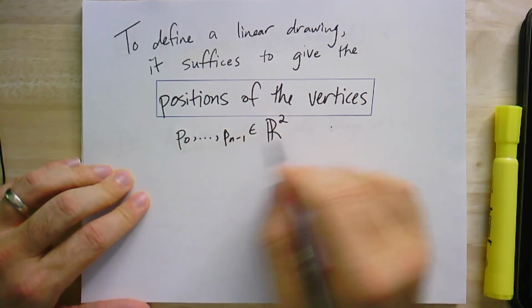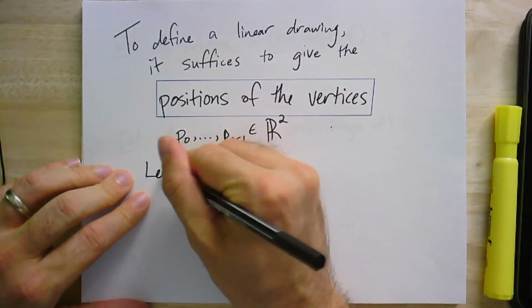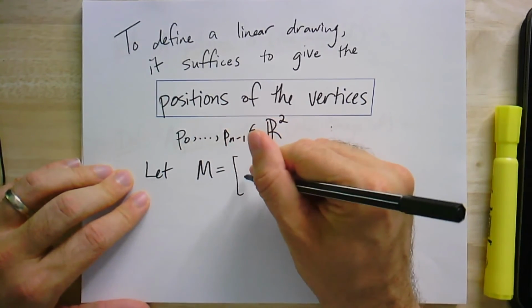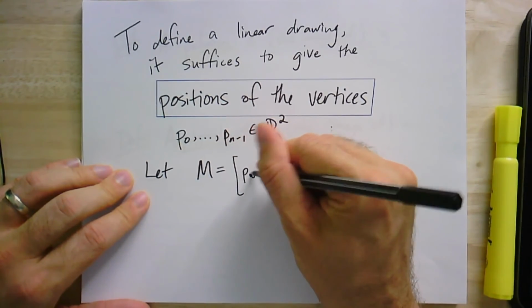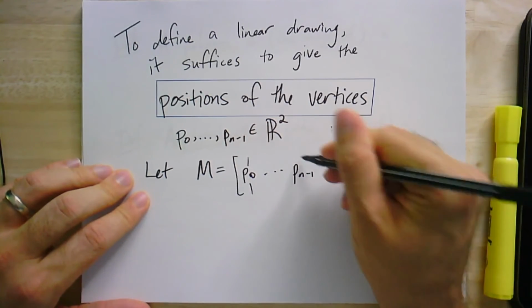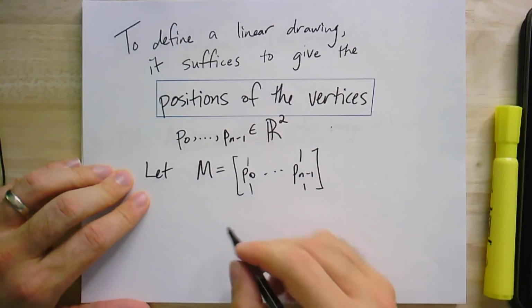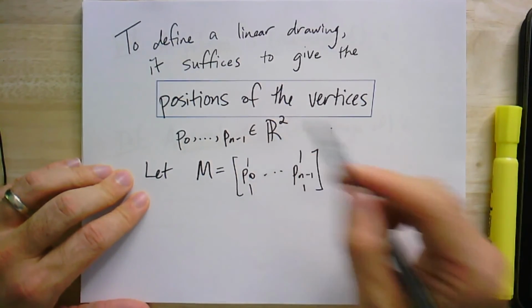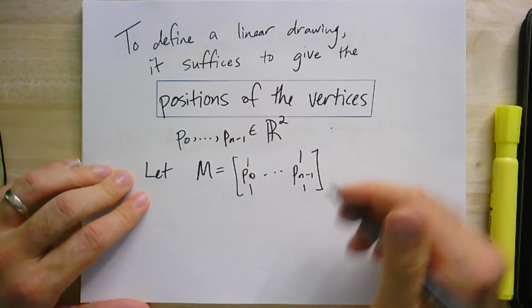That's the goal of this mapping. And so the matrix that I'm going to write just looks like this. It has columns for each point. So here P0 is a column vector. P_{n-1}, again, is a column vector. And so this would be a 2 by n matrix. And in general, if this is not 2, if it's D, then it's a D by n matrix.